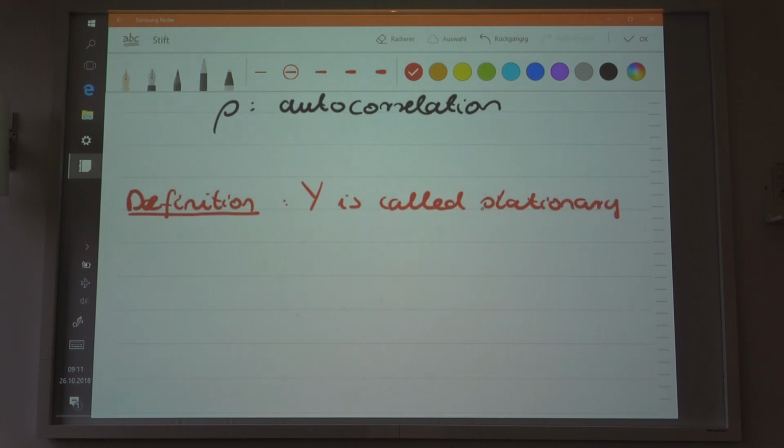And I have to admit, we only look at stationarity here in the weak sense. So this is so-called weak sense stationarity.